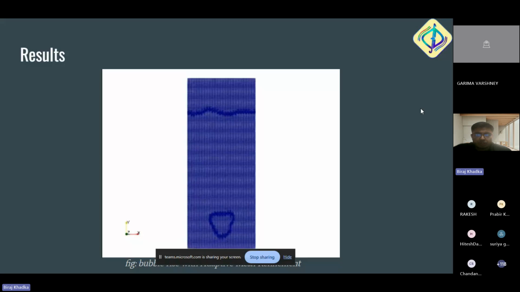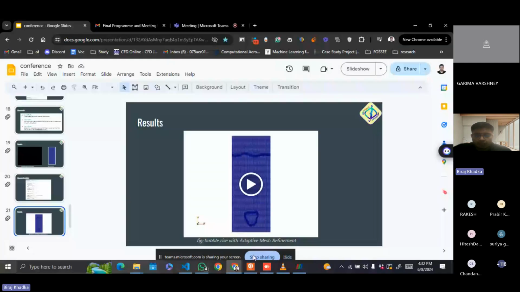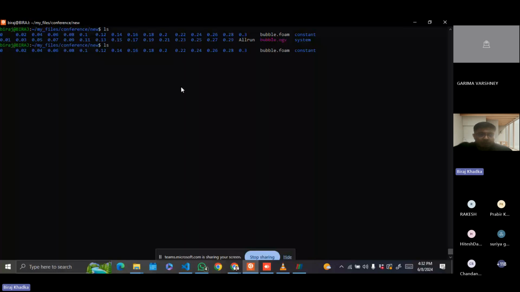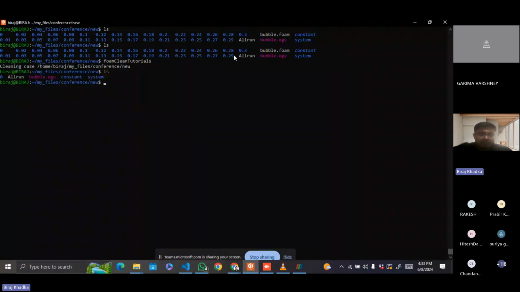So I will also demonstrate. I've already run the simulation, but in order to clean the tutorial, we have to use this command, foam clean tutorials. What it does is it cleans the case, this 0.01 to 0.3 gets deleted, and it gets initialized.